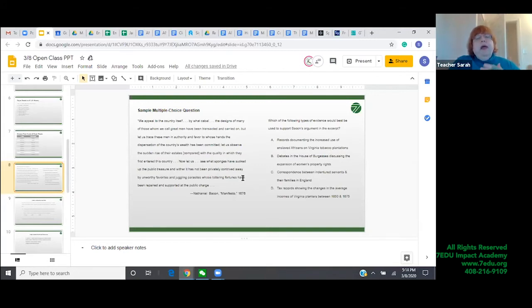Well, here you not only have to be able to read this and understand what he's talking about, and keep in mind this was written in 1676. The language is different, the vocabulary is different. So you have to be able to comprehend this, and then you have to apply it. You have to critically look at it and say, okay, what would I use to prove this?